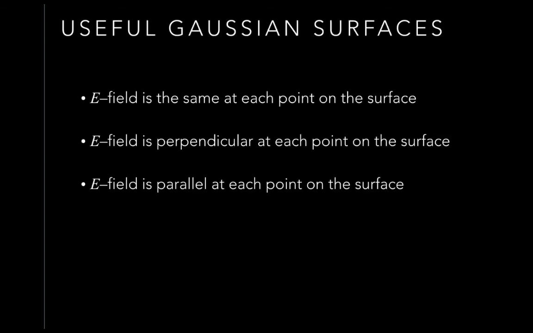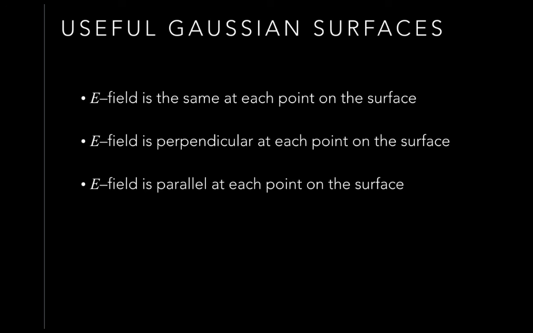All right. So useful Gaussian surfaces have a few rules. The electric field is the same at each point on the surface. So that means if you pick a Gaussian surface like this, the electric field everywhere on the outside of the cylinder should be like 6 newtons per coulomb, okay? It shouldn't be 6 in one place and 5 in some other place.